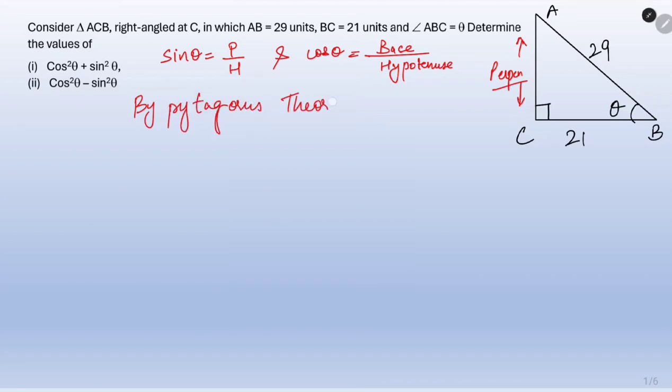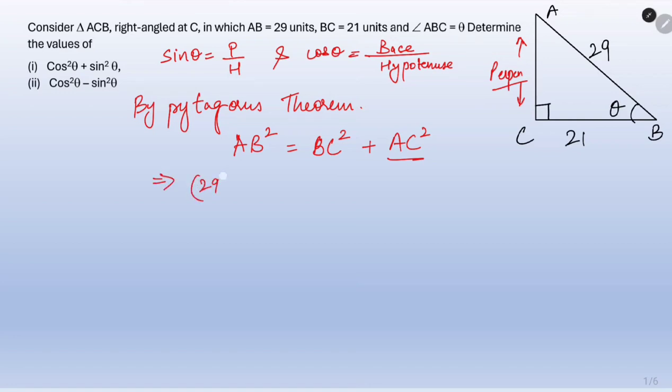Why Pythagoras theorem? Because as we know, the hypotenuse square is equal to base square plus perpendicular square. We have the value of AB, we have the value of BC, and we have to find the value of AC.